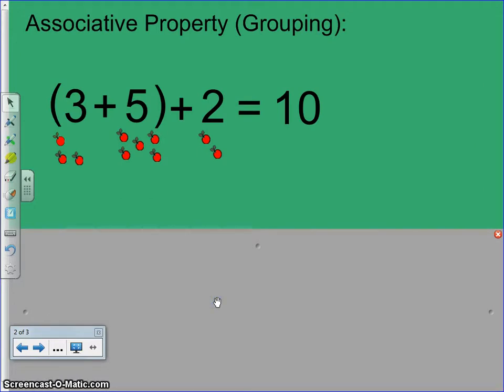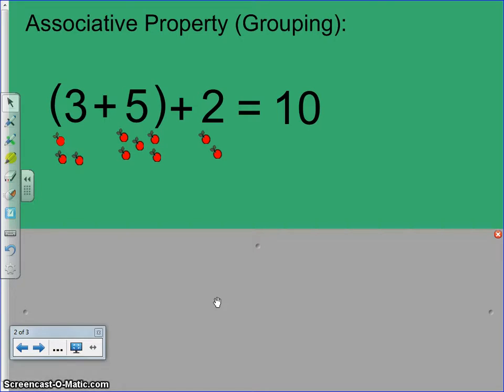In this case, we have the number sentence 3 plus 5. The parentheses tell me that if I'm going to start to solve this problem, I first want to start with 3 plus 5 because they're inside the parentheses. And then I would add the 2. So 3 plus 5 plus 2 equals 10.